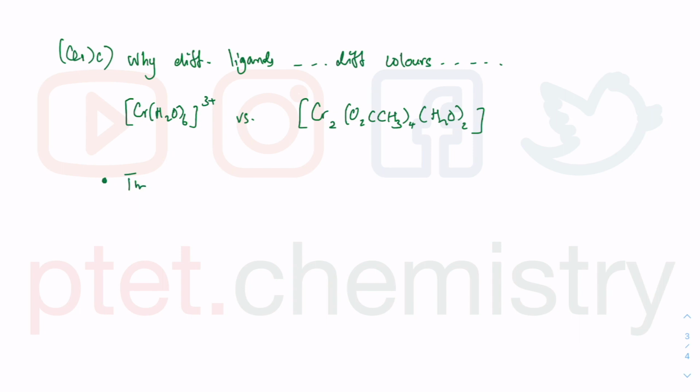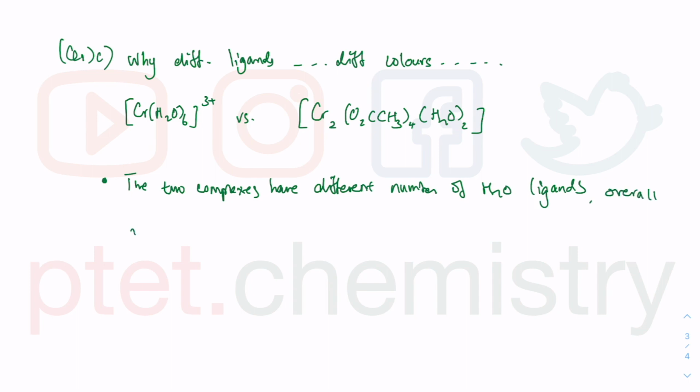So why? The two complexes have different ligands, a different number of H2O ligands. On the left you have 6 H2O, on the right you just have 2 H2O. So overall a different ligand set, meaning different combinations of ligands in the complexes.